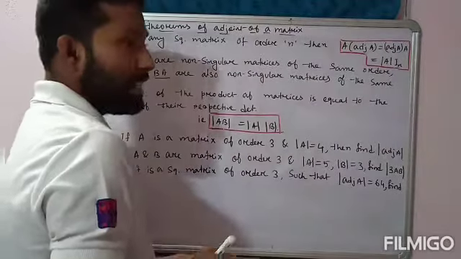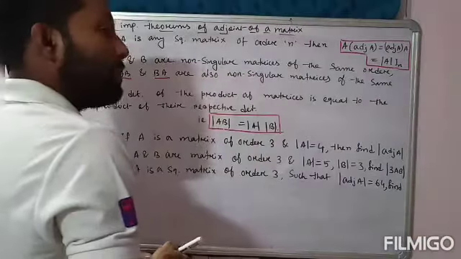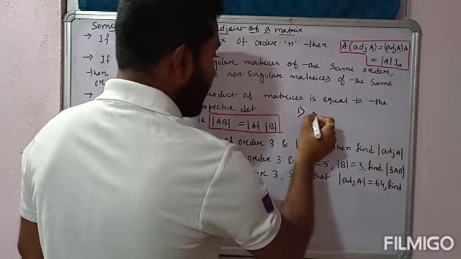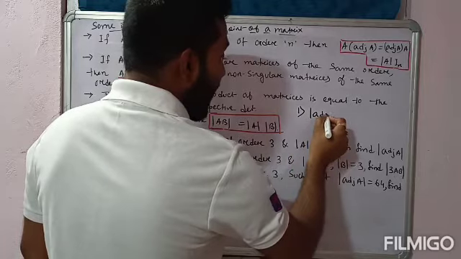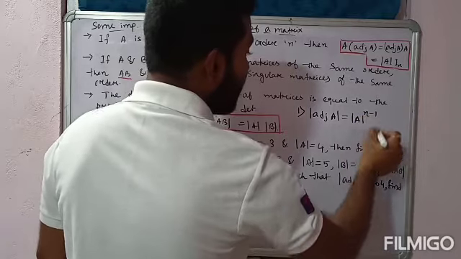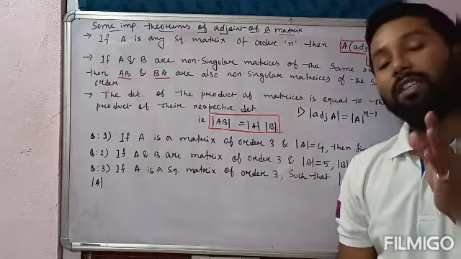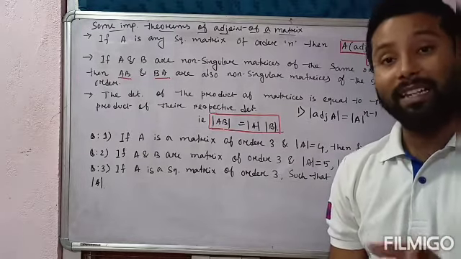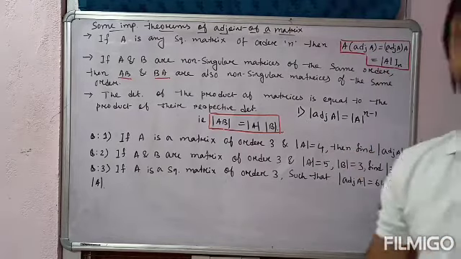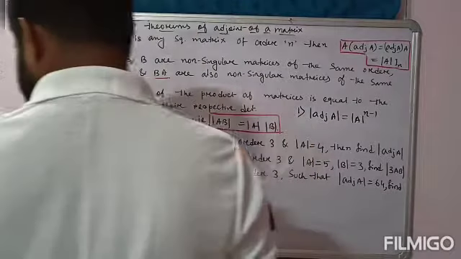The first property was: if A and B are non-singular matrices of the same order n, then determinant of adjoint of A is equal to determinant A to the power n minus 1. This is one of the theorems.